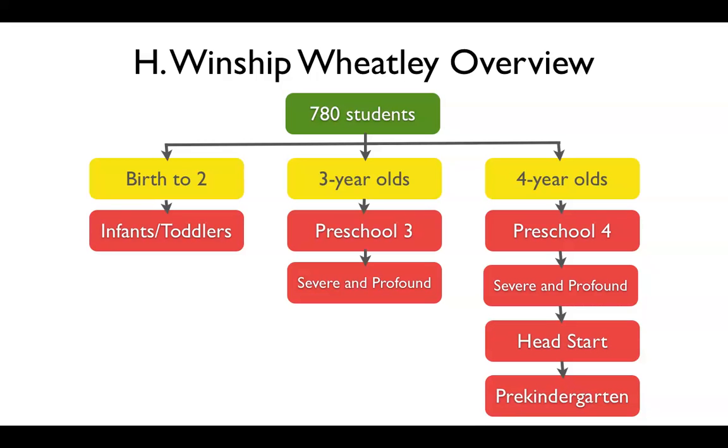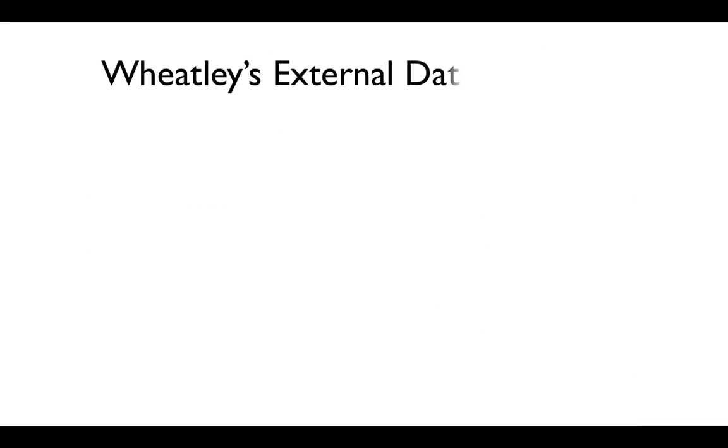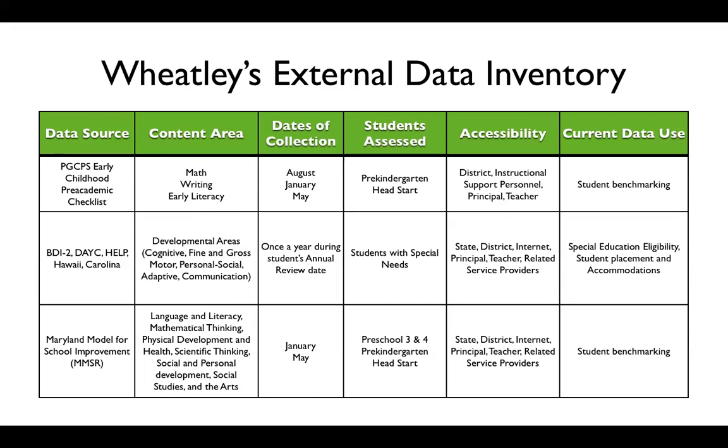Today, the pre-kindergarten team will review some information about our pre-kindergarten classes from assessments we collected last school year. This slide looks at an inventory of some of the major assessments our students took last year. The Early Childhood Pre-Academic Checklist, which covers math, writing, and literacy components, was collected in August, January, and May.